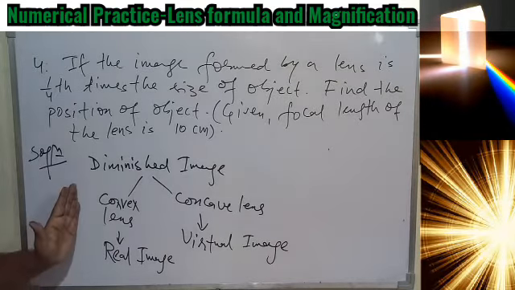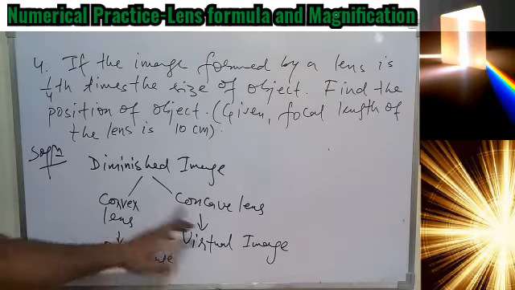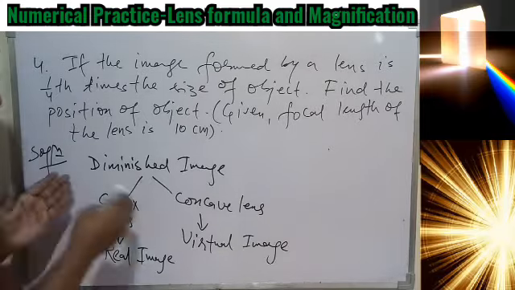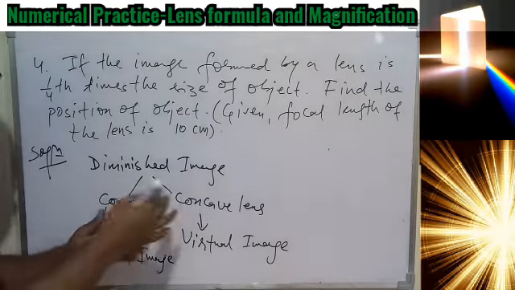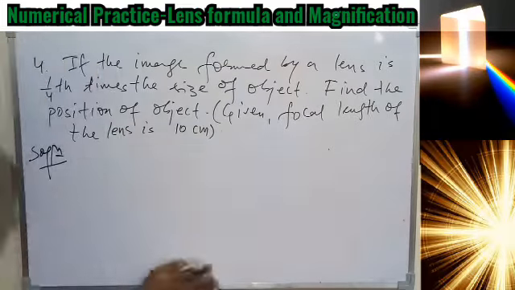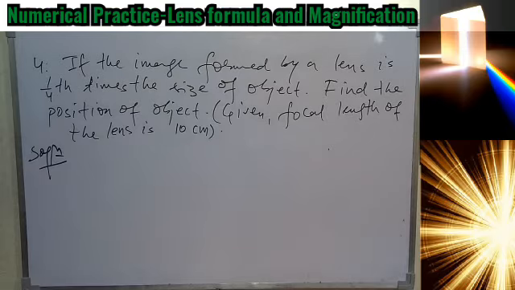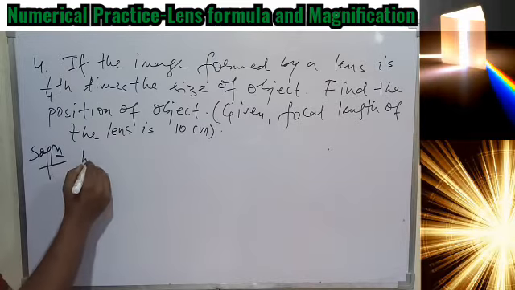So if you take the condition for convex lens, the image will be real. If you take the condition for concave lens, the image will be virtual. So we are going to have two different cases: convex lens, real image; concave lens, virtual image. That is how we have to think, and that's why a ray diagram is very important before we go for the numerical. Without a ray diagram, you cannot directly go for the numerical. It's very difficult.